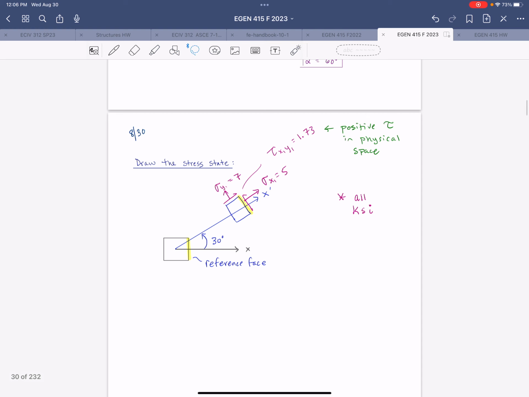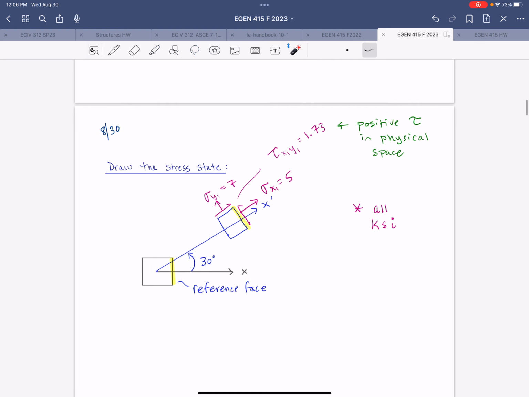One correct way to draw the stress state would be to orient it as it was given to you, in this case aligned with the x, and then rotate that x-axis by theta in the appropriate direction. Draw that new axis orientation, and then sketch your element oriented with the right face perpendicular to that axis. And then draw the stresses on that face.